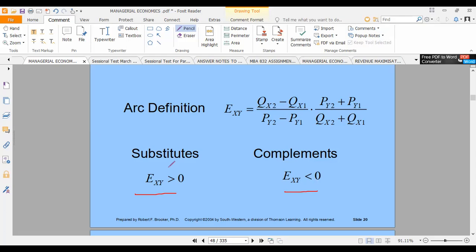If margarine goes up, people demand more of butter, holding all things constant. So if your cross price elasticity is negative, just know that the types of goods you're dealing with are complements. If you get a positive cross elasticity of demand, then you discover that they are substitutes.